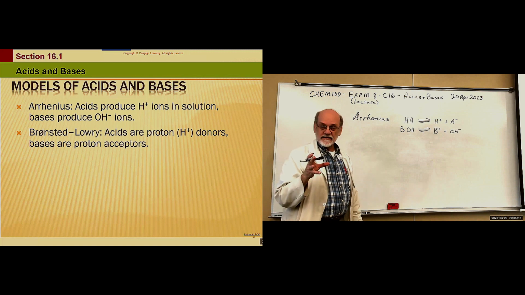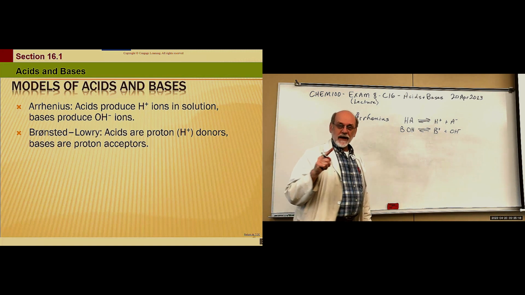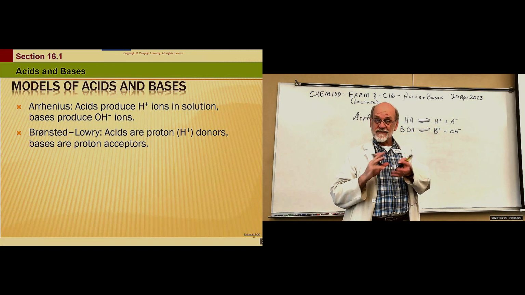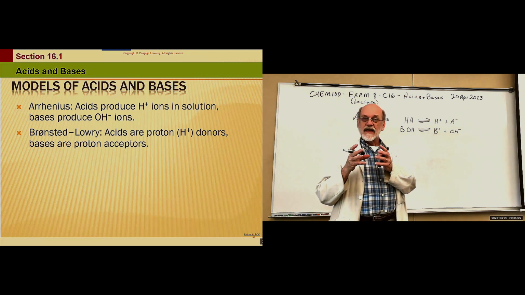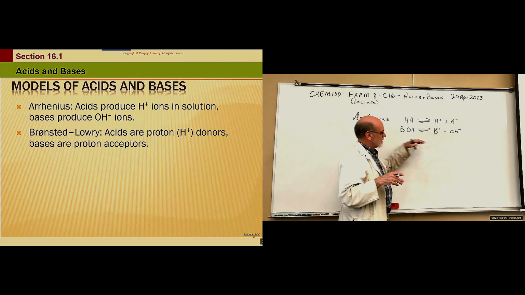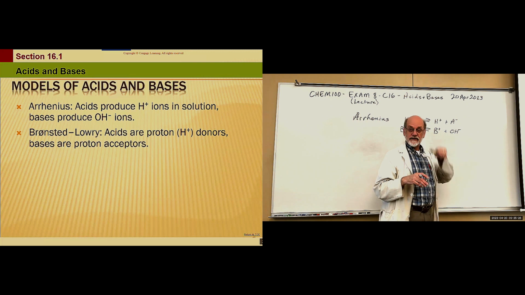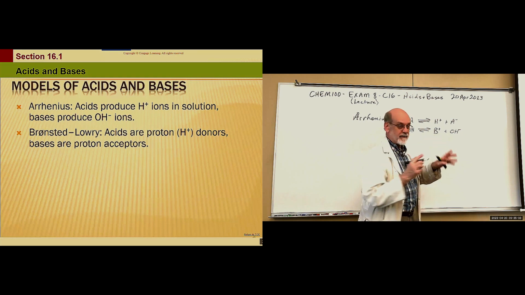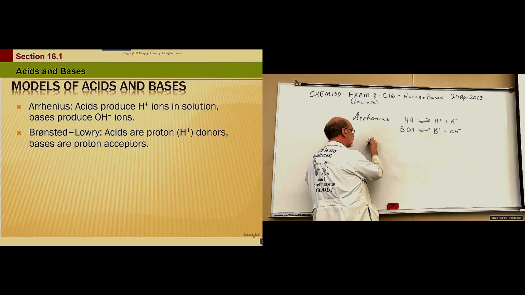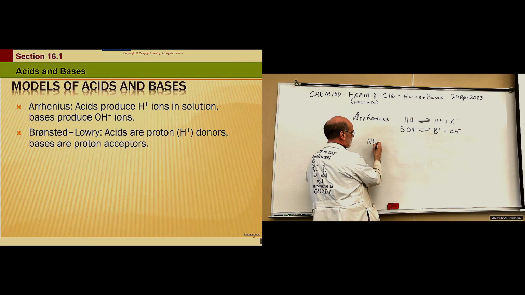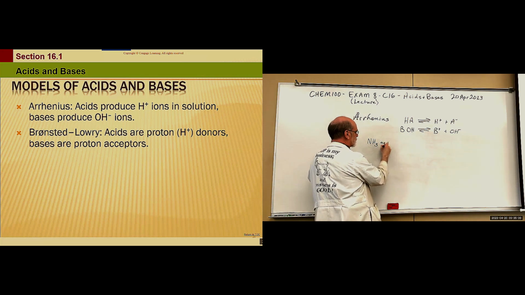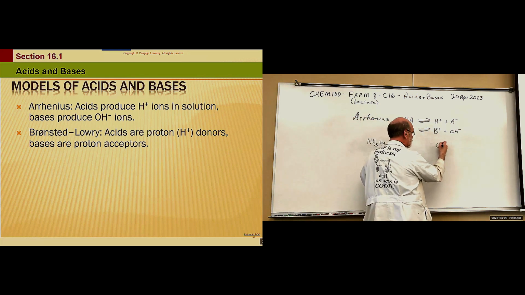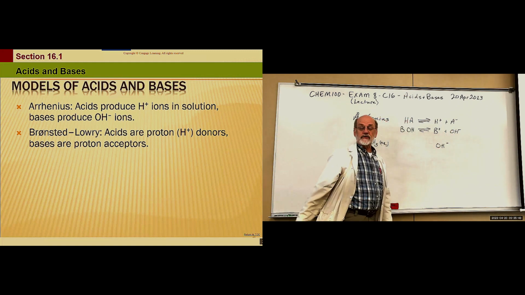The problem is there were some solutions that could be made that produced basic character. They have hydroxyls in solution, but the molecule does not have hydroxyls in it. Perfect example: if we put ammonia in aqueous solution, it will produce hydroxyls.